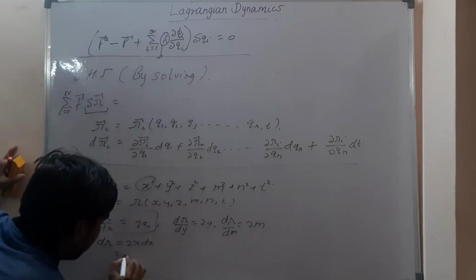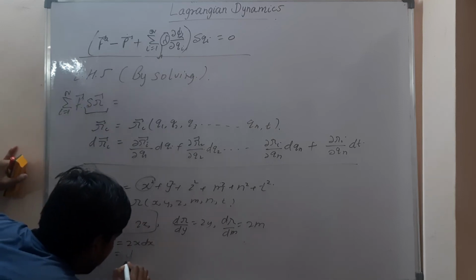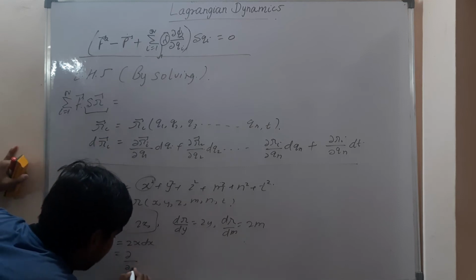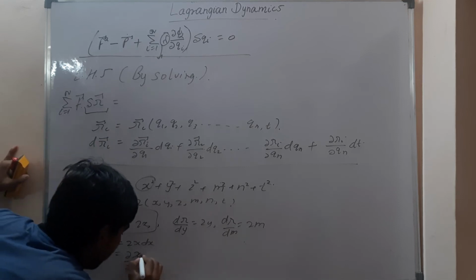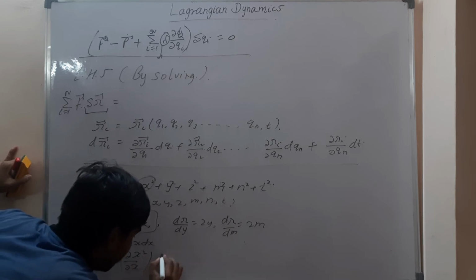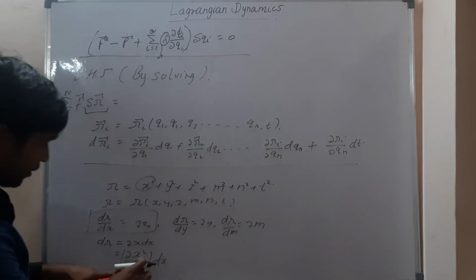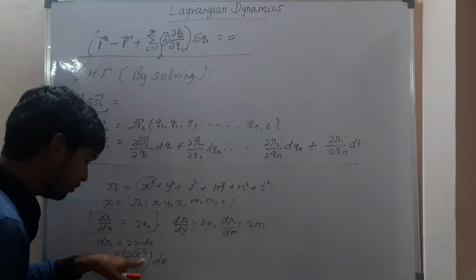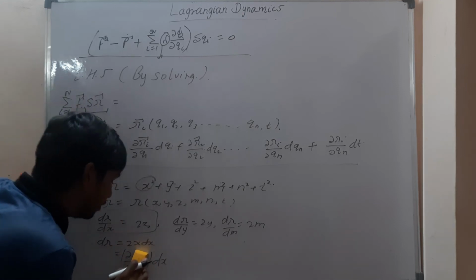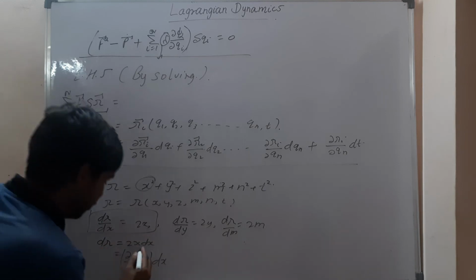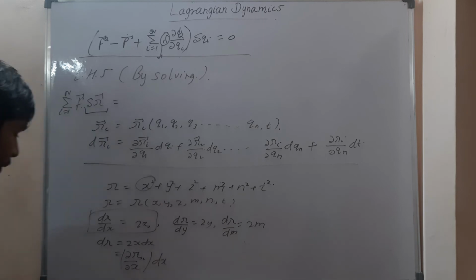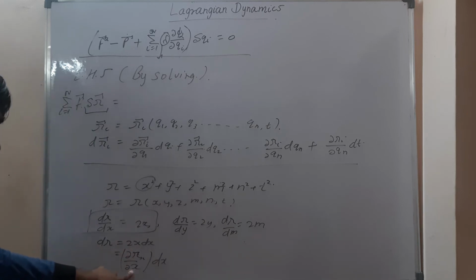If I want to write another way, I can write the partial derivative, dou by dou x of x square, and dx. X square is what? This is a function of r, and if I want to show that x function, I can write dou r by dou x.